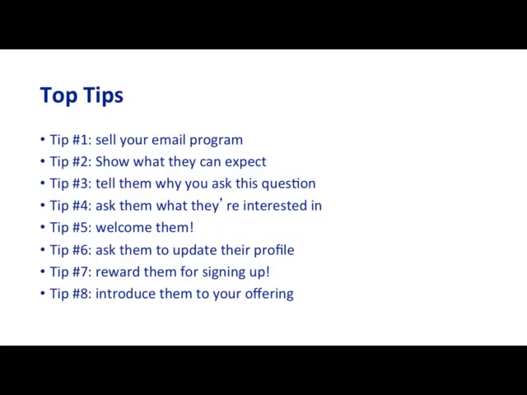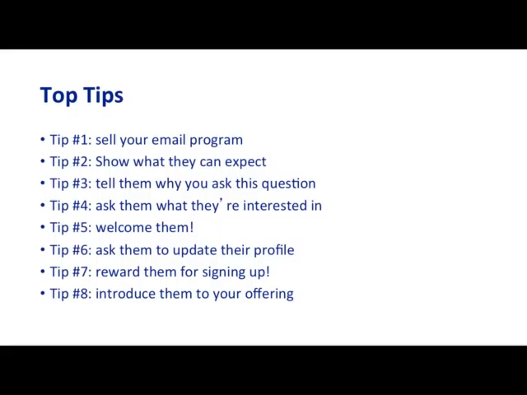So, lots of top tips on email marketing. Make sure you sell your email program. Tell customers and show them what they can expect. Ask them what they want, and make sure that you're communicating with them about what they're interested in. Welcome them. Use email marketing automation to welcome people to your email. When they complete a contact form, send them a thank you.